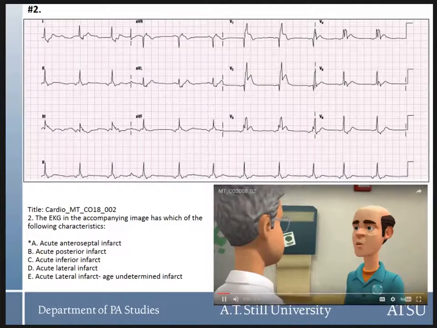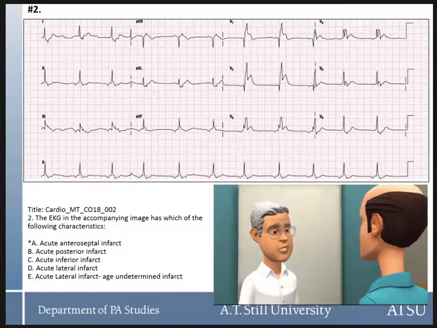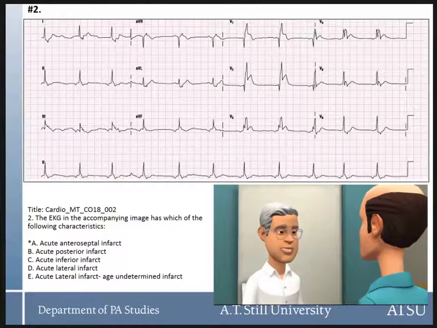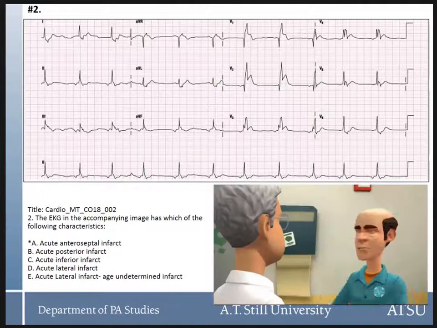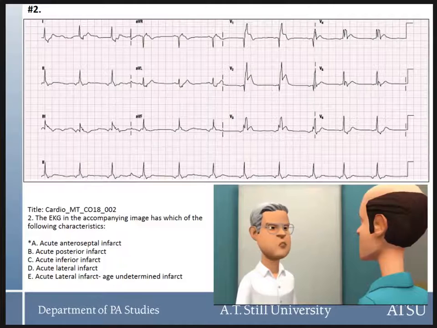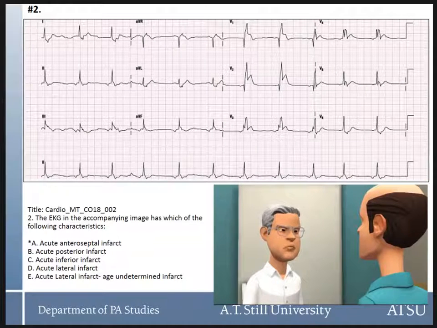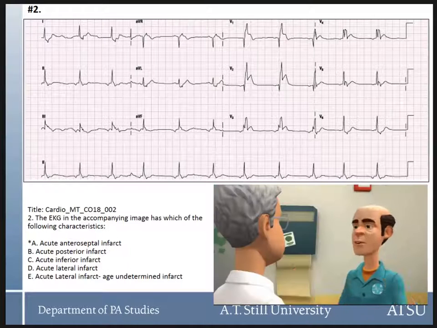Is it an acute posterior infarct? An acute posterior infarct would have a pathologic initial R wave in V1 and ST depression in V1. Maybe it is an acute inferior infarct. An acute inferior infarct would have to have ST elevation in at least 2 of the leads 2, 3, or aVF. I know, it's an acute lateral infarct.